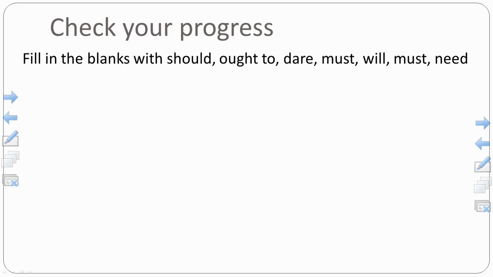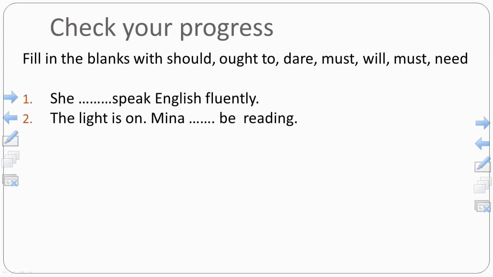So fill in the blanks with should, ought to, dare, must, will, must and need. We just discussed in the previous slides what it will be. The first will be: she dash speak English fluently. Second is: the light is on, Meena dash be reading.